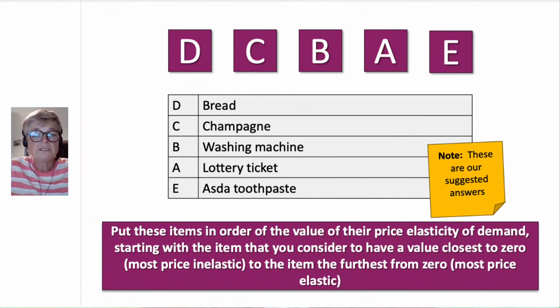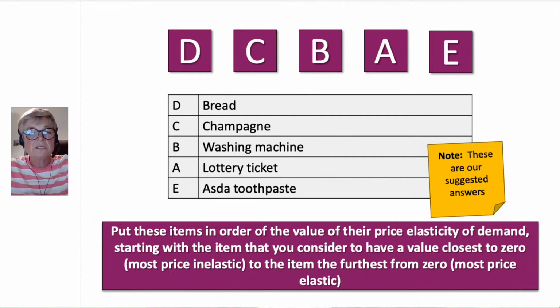So bread, because it's a general word. If it said Hovis brown bread, it would be a brand, so it would be more price elastic. Champagne, we figured, well, people like to show off with champagne. They like to show off with the label. So actually, making it quite expensive, the people who buy champagne might have quite a bit of money and not worry too much about whether the price goes up a pound or two for a bottle.